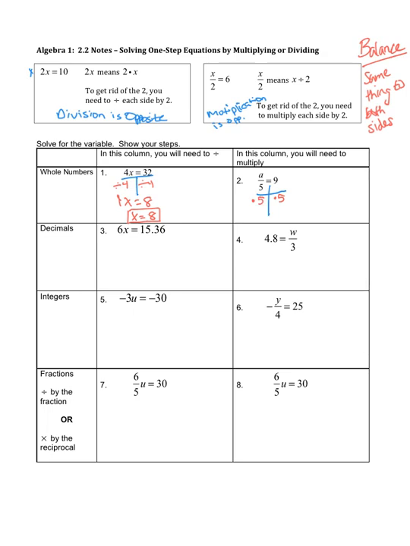You end up with, I'm going to show an extra step here, 5a over 5 equals 45. Well, these two cancel out because 5 divided by 5 is 1. So 1a equals 45. Proper math grammar, a equals 45.